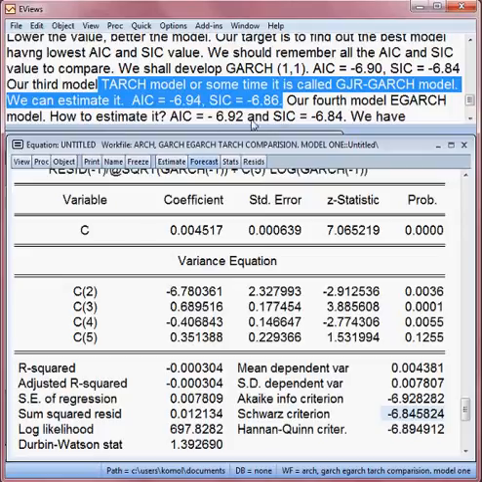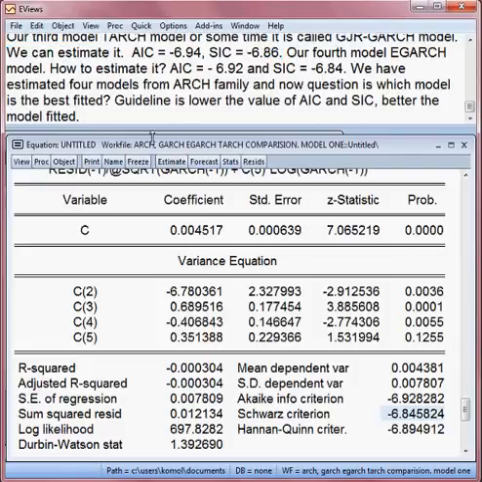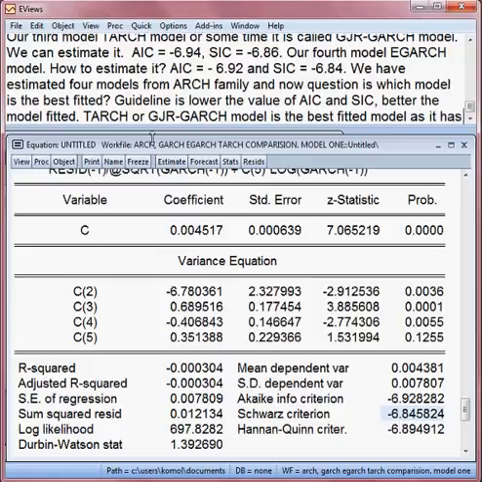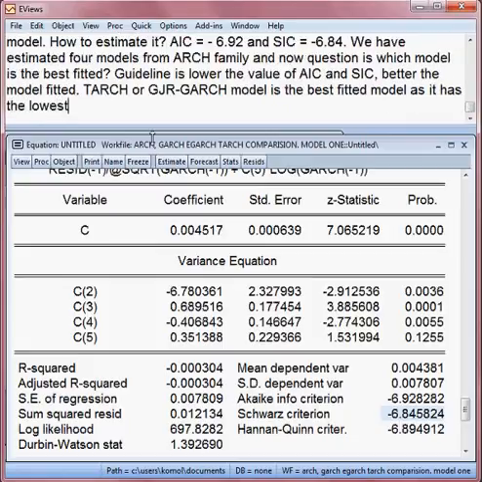Meaning that TARCH, or I can also call it the GJR GARCH model, is the best fitted model as it has the lowest value of AIC and SIC.